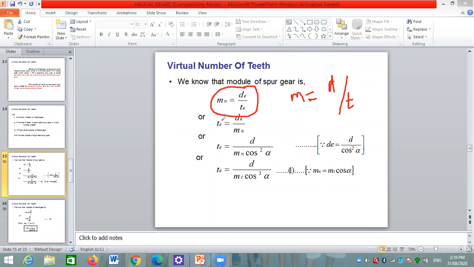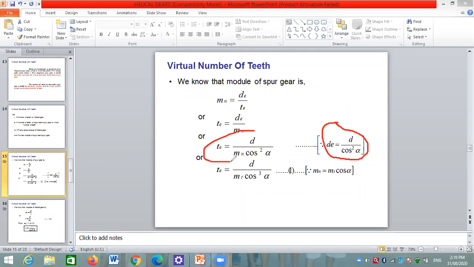If we rearrange this, T equivalent is equal to dE upon Mn, and dE, if we see here, D equivalent is equal to D upon cos square of alpha.